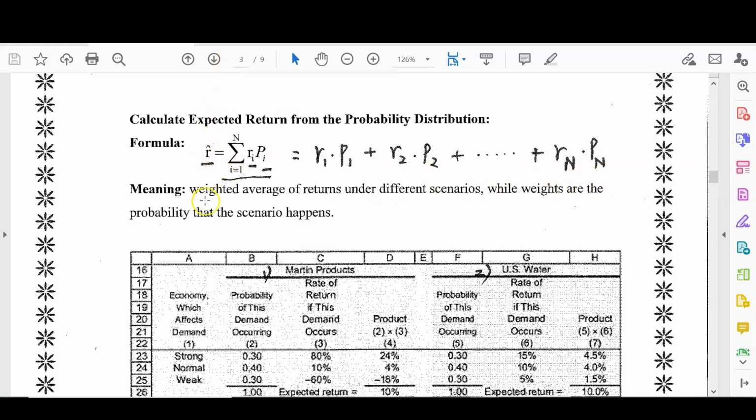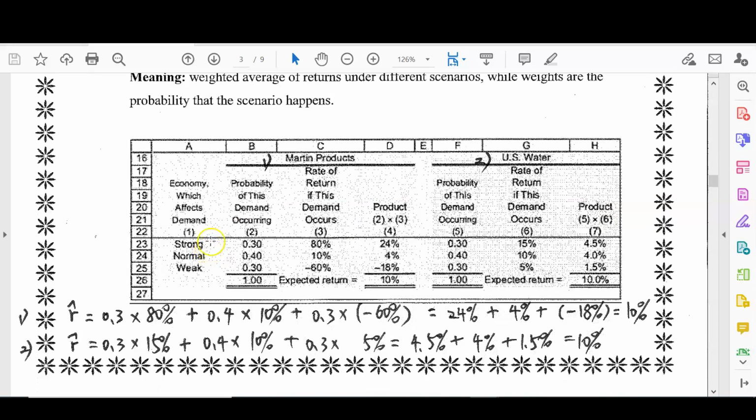Okay, so it is the weighted average of returns in the different scenarios, while weights are the probability that the scenario happens. For example, if we have 2 companies here, Martin Products and US Water, and we have 3 scenarios here. The economy, which affects demand, could be strong, normal, or weak.